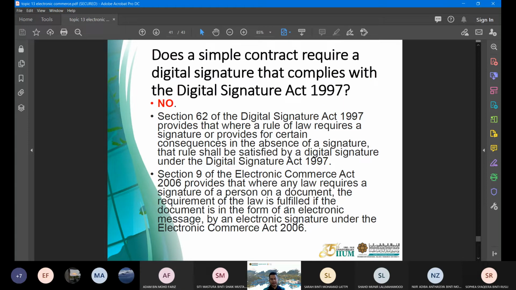So basic contract does not require this. Tapi certain kind of industry may require that, and if they require that, they have to comply with the security requirement of having encryptions to be part of their process lah.